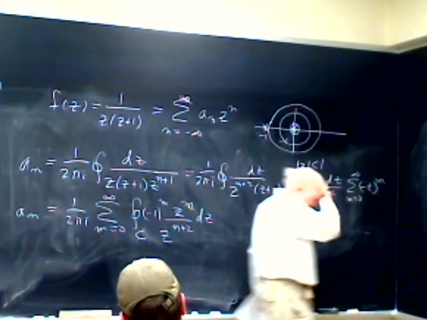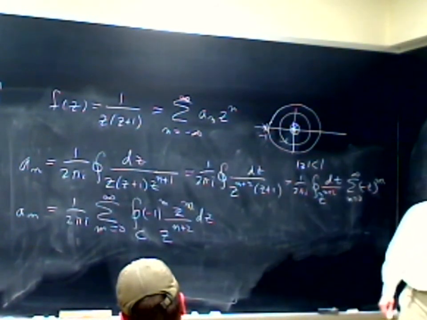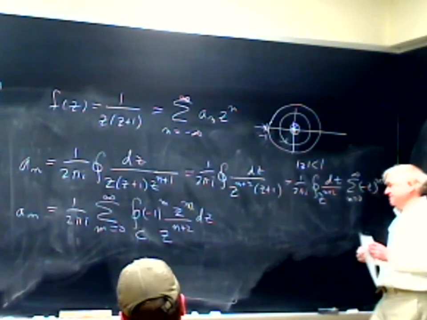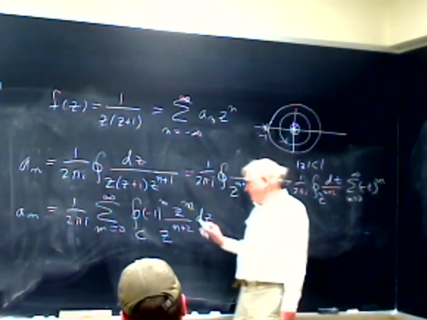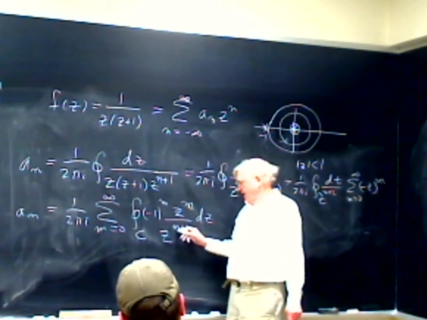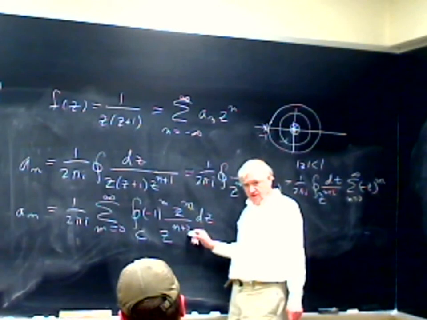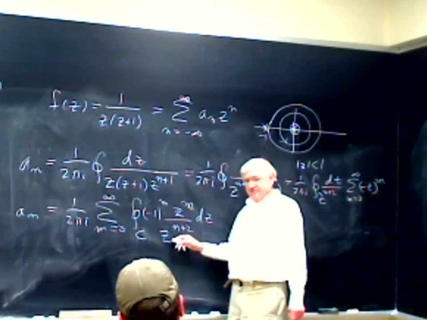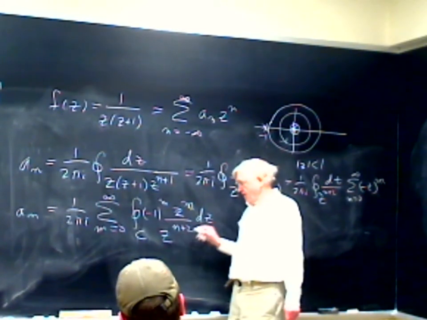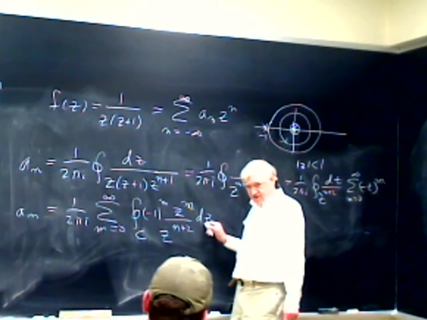And remember, this is essentially just a repetition of the Fourier analysis, namely that if m is n minus 1, then this is effectively 1 over z, and we're going to get 2 pi i out of this thing.